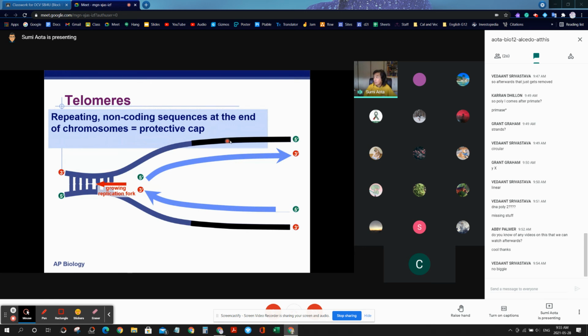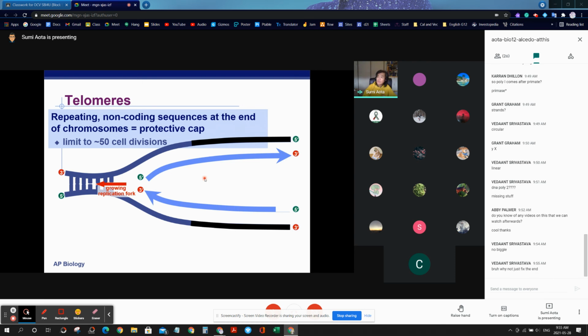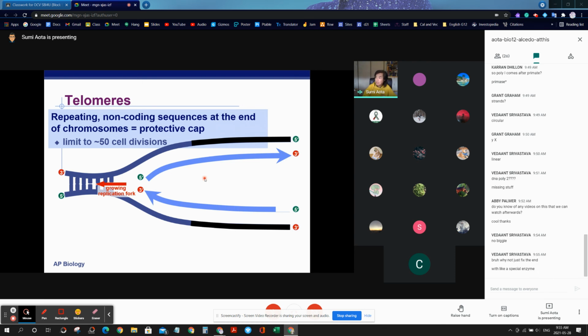Then you get a whole bunch of random nucleotides stuck here. Their job is simply to get shorter every mitosis round, every replication, and not get into the information that's actually needed. It limits the number of cell divisions for any nucleus to be about 50 cell divisions. We kind of do a little bit.